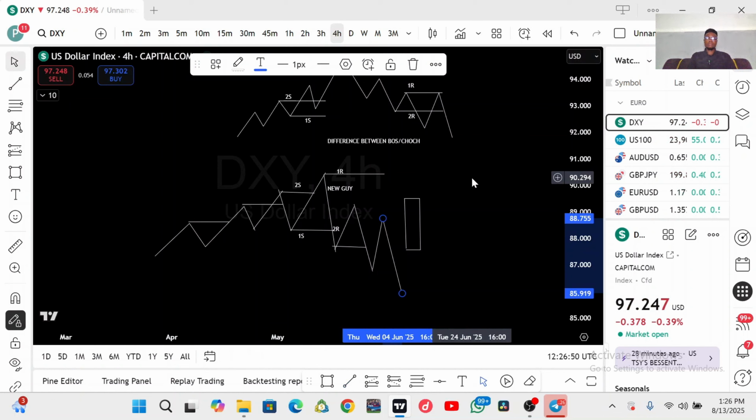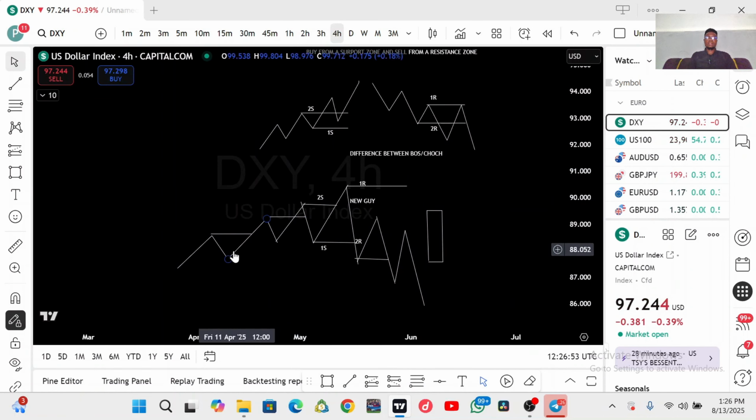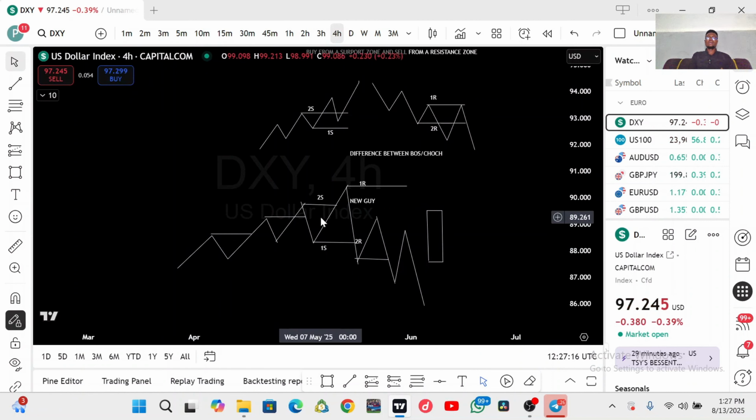Very, very important. But before I begin with that, like we said earlier, you see break of structures when a market is trending, but then change of character is when there's a slight change in the market direction, probably from an uptrend to a downtrend. That is when you say there's a change of character, meaning the character of the market is not an uptrend anymore.